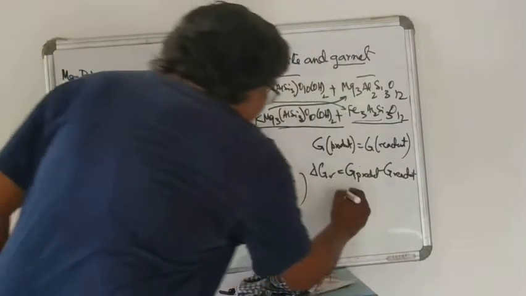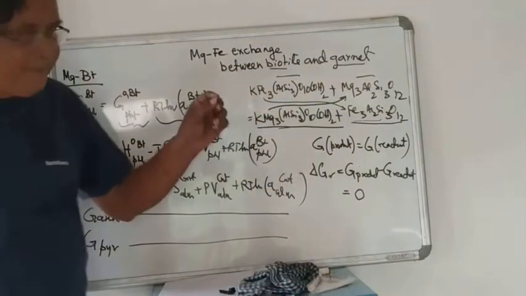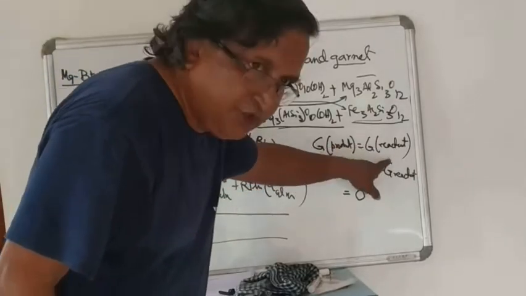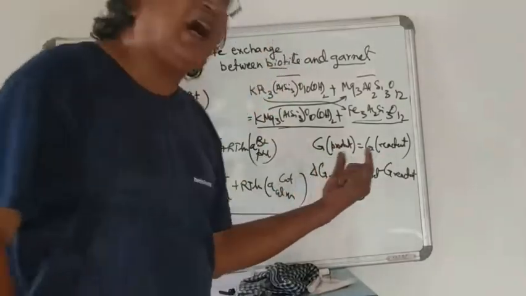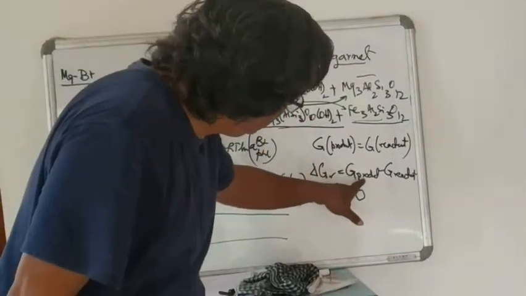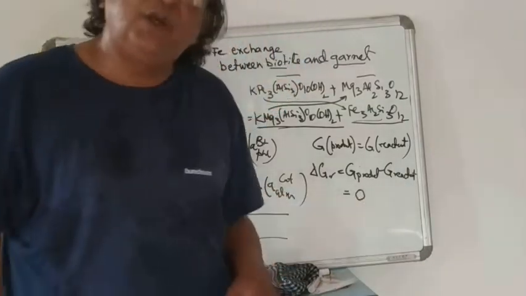And at equilibrium, this value is equal to 0. At the equilibrium PT condition, G product is equal to G reactant. So delta GR is equal to 0.